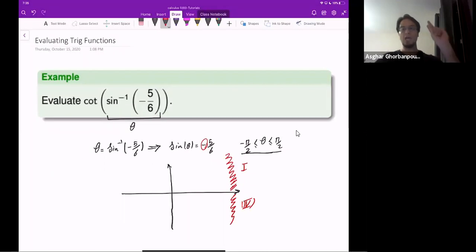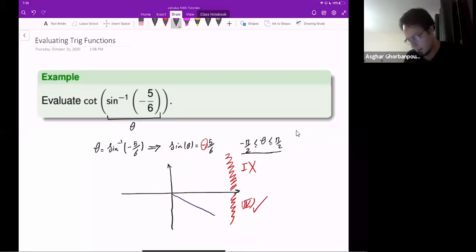First quadrant, sine, cosine, tan, cotan, all of these are positive. So that means that theta is going to be not in the first quadrant, but in the fourth quadrant. Here, it means that theta is going to be something like this. I'm just randomly drawing an angle theta there.